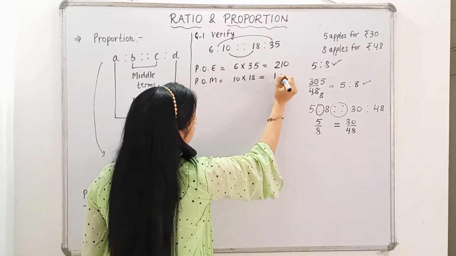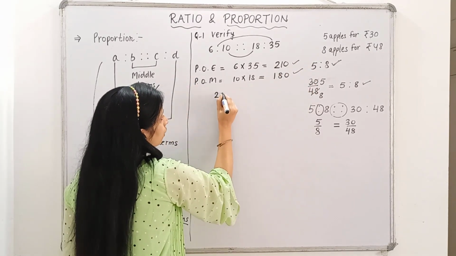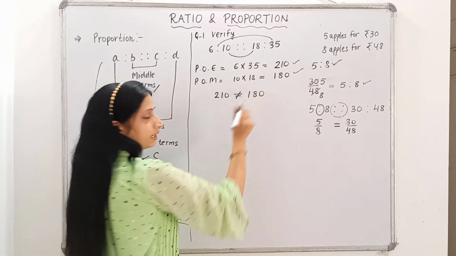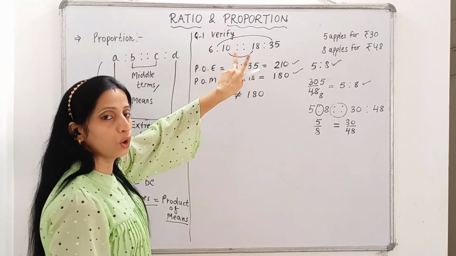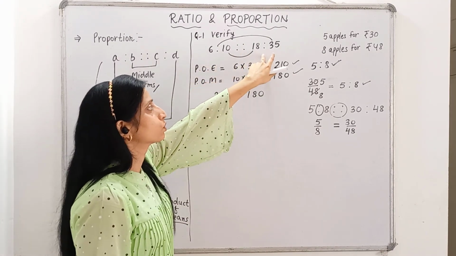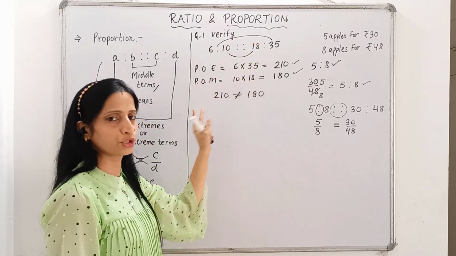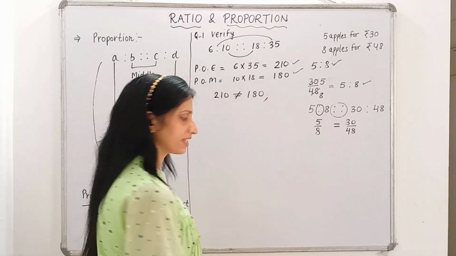So 180. So you can see that these two are not equal. 210 is not equal to 180. Hence we can say that 6:10 will not be equal to 18:35, or these two ratios are not in proportion at all.